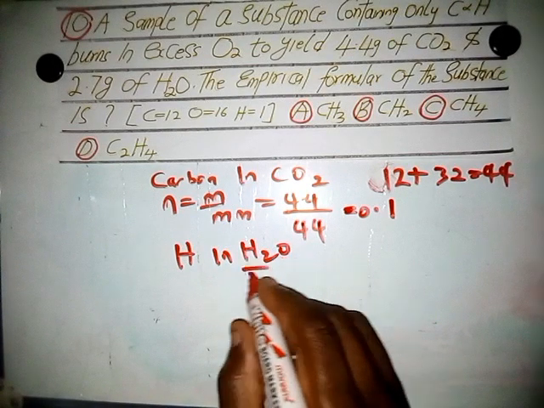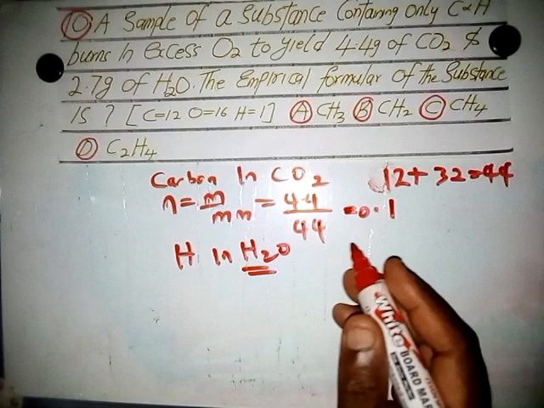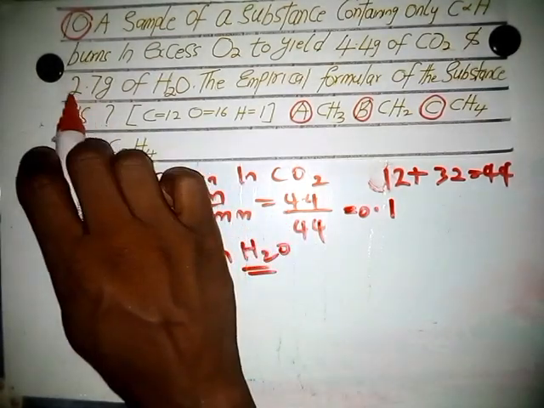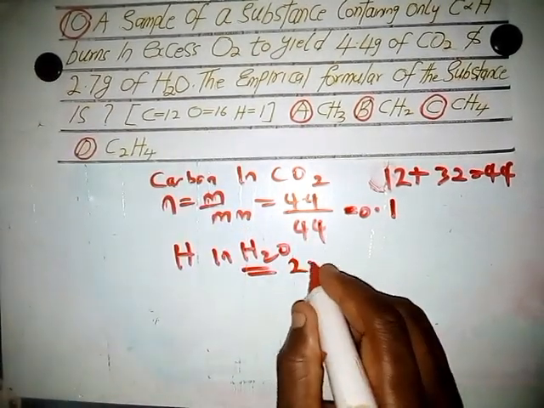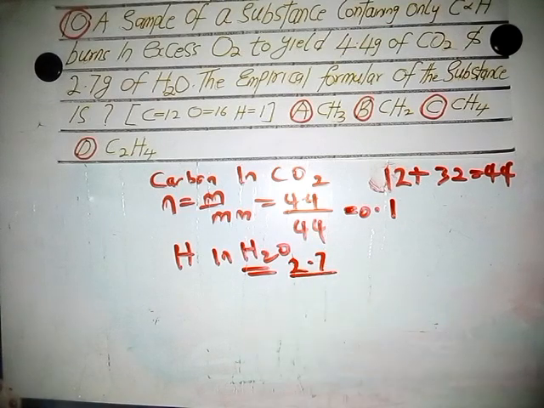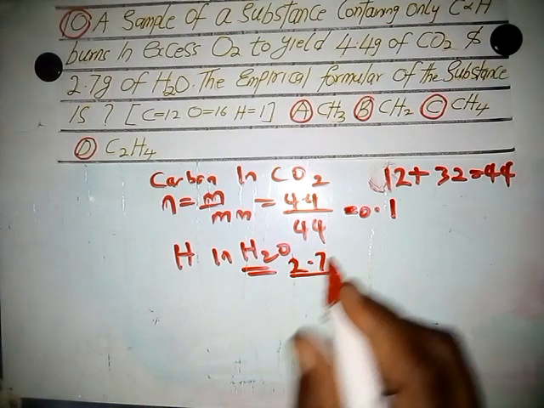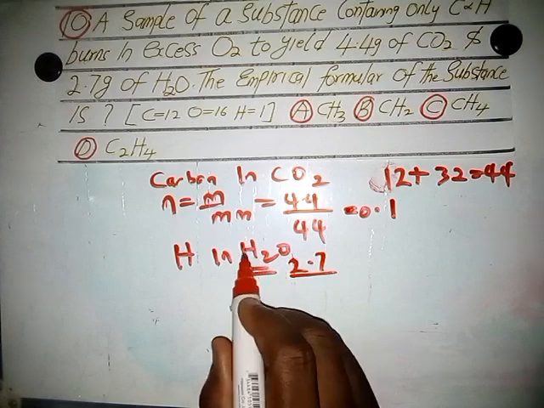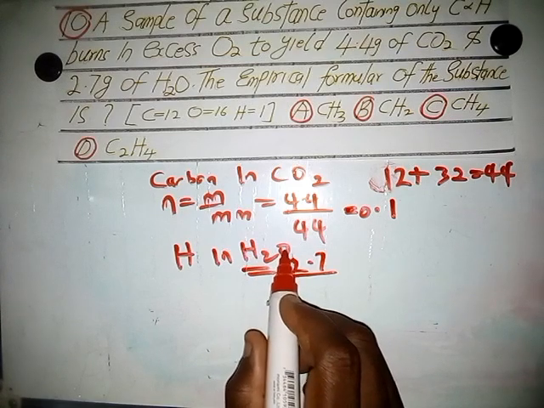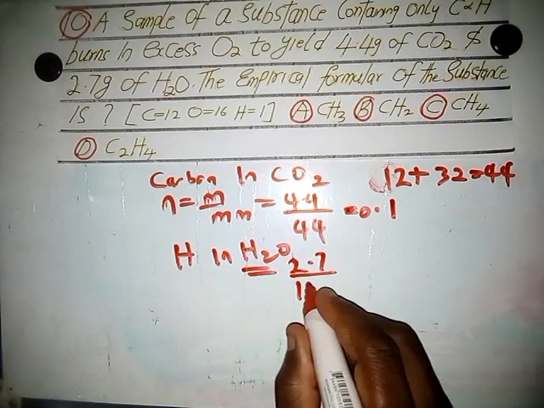Then let's move to hydrogen in H2O. The first thing to do is calculate the moles, which is mass, 2.7 grams, over molar mass. That's H2O: H is 1, 2 times 1 is 2, O is 16, 16 plus 2 is 18.